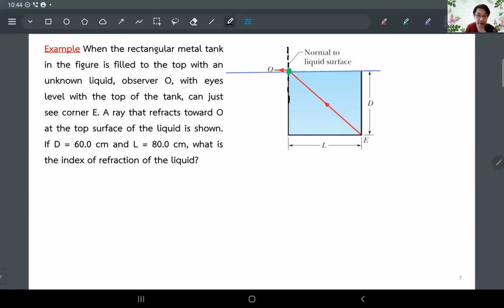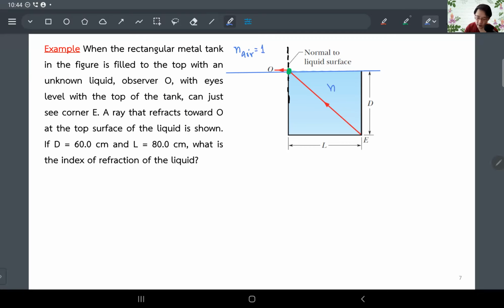Cool. Now we get pretty much all set up here. To apply Snell's law, you know that the bottom here is n of the thing that you want to find out, so let's call this n. Up here is n of the air, which we always take to be 1.